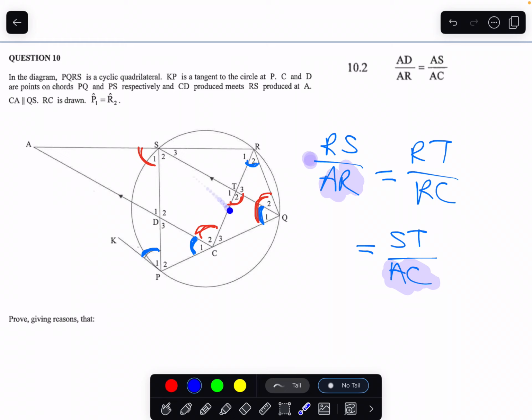Sorry, just erasing things. My fingerprint smudges on my screen. Okay. So we want to show, if we do cross multiplying, AD times AC is equal to AS times AR.